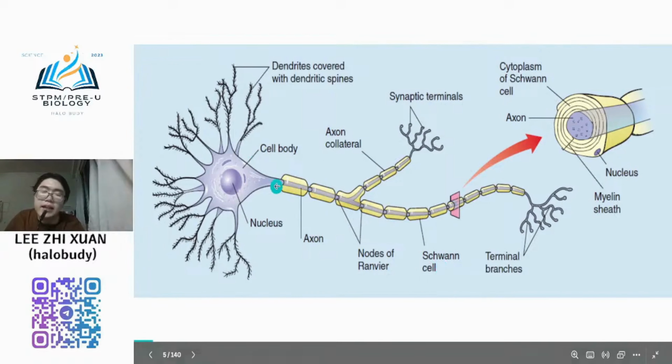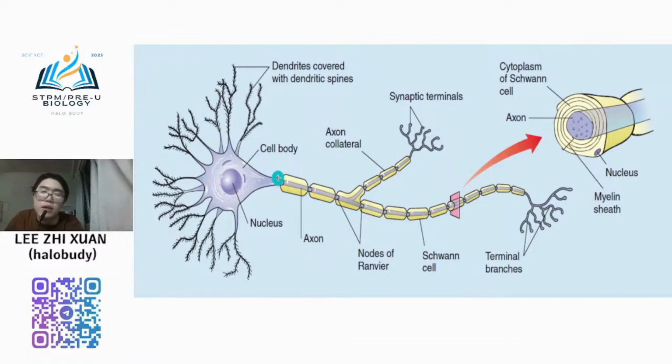So the electrical impulse will be transmitted, jumping from one node of Ranvier to another node of Ranvier. When the dendrites receive a signal and it goes to the cell body, after it reaches the axon, since there is the myelin sheath here, the electrical impulse will directly jump to the node of Ranvier, and then keep jumping until it reaches the terminal branch, the neuromuscular junction.